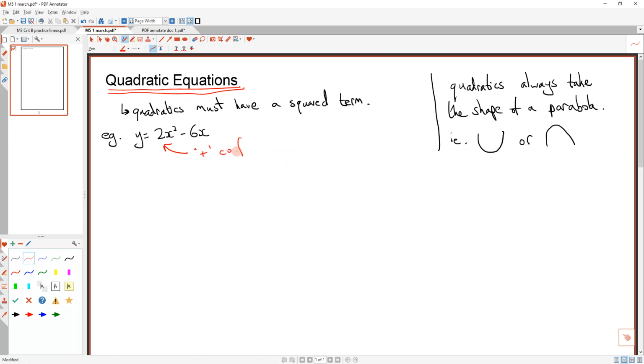The coefficient. Positive coefficient in front of x squared, so that means we have a happy face. So it is going to be a definite U shape. All good?